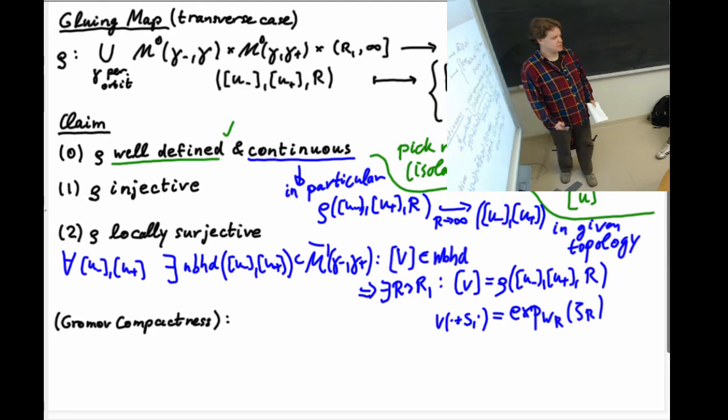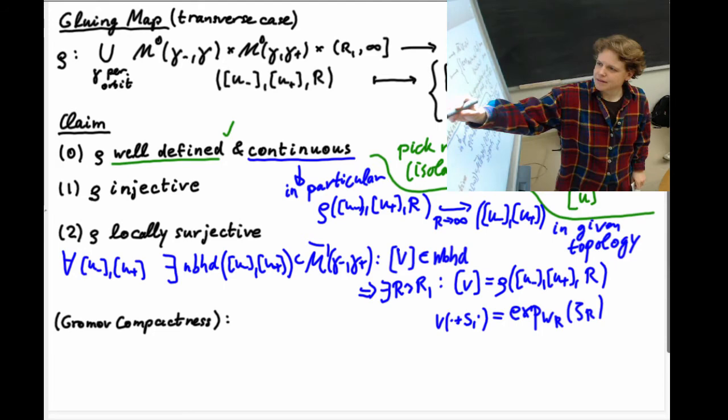How do you say that a point is in the boundary of a space unless you give that space a structure? If you haven't proved local surjectivity, you could have a cusp.